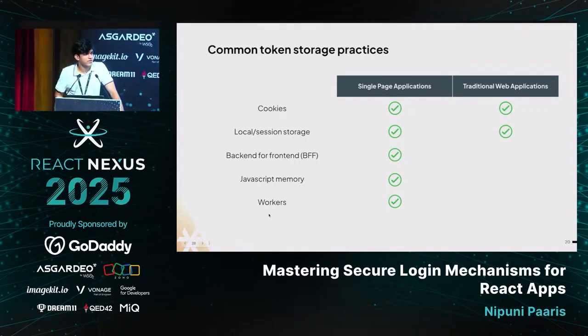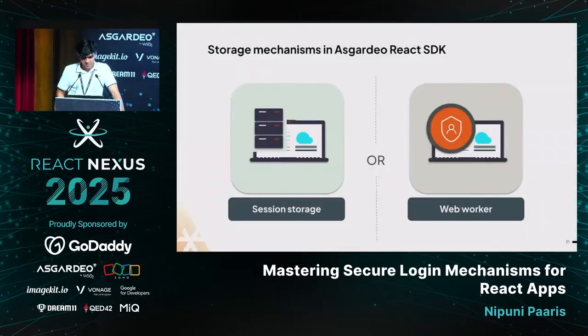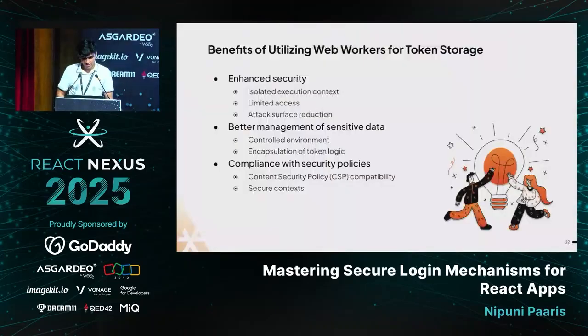Workers. Workers are a good way to store the token. We recommend web workers to store the token once you get the tokens. They are secure that way. Let me quickly go through the last slide. So why web workers? Because they enhance security by isolating the execution context. They don't have access to the main thread, right?